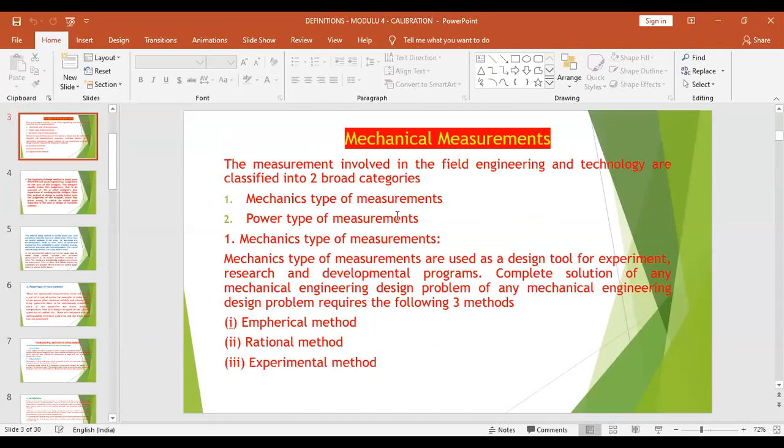First, mechanical measurement. All of you please note down the portions for the test. First, write down mechanical measurements.